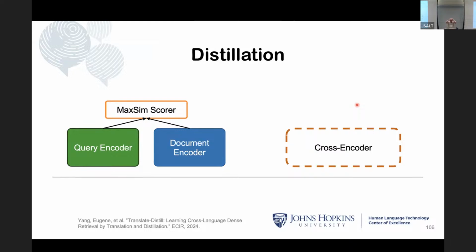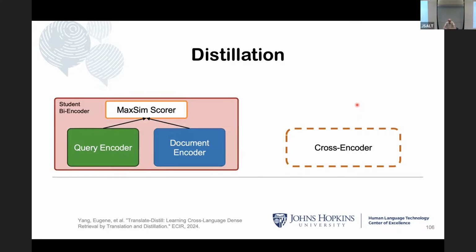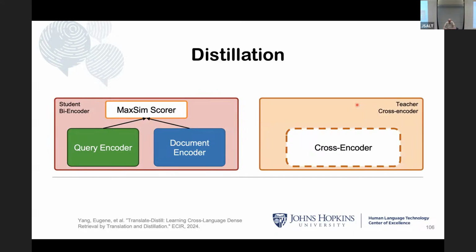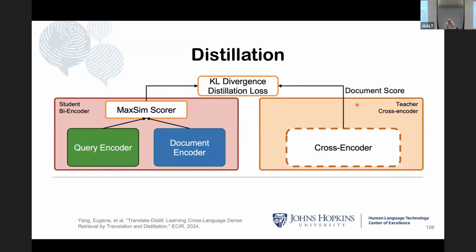If you haven't heard of distillation, basically distillation uses a very high quality model to teach a lesser model. Here we have a bioencoder that we'll call the student, and a cross-encoder that we'll call the teacher. We're going to use the cross-encoder to score documents, and then try to teach the bioencoder to match those scores.